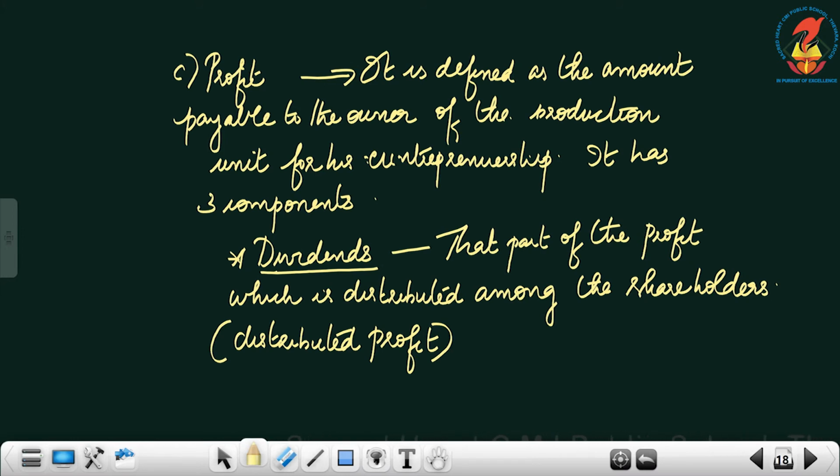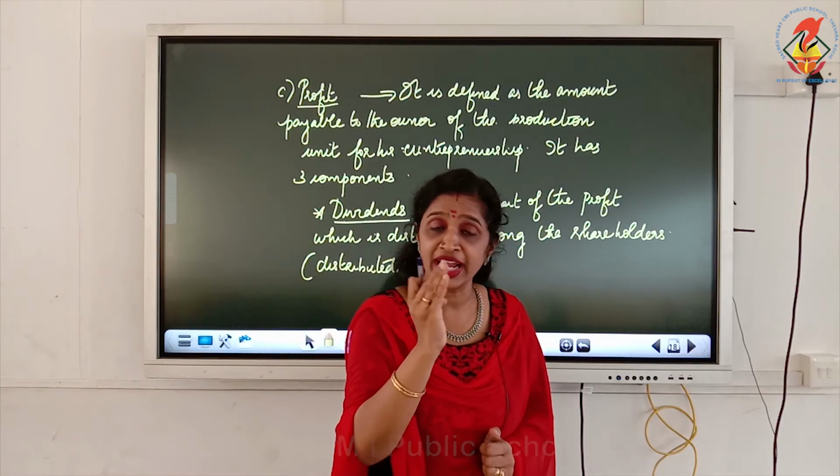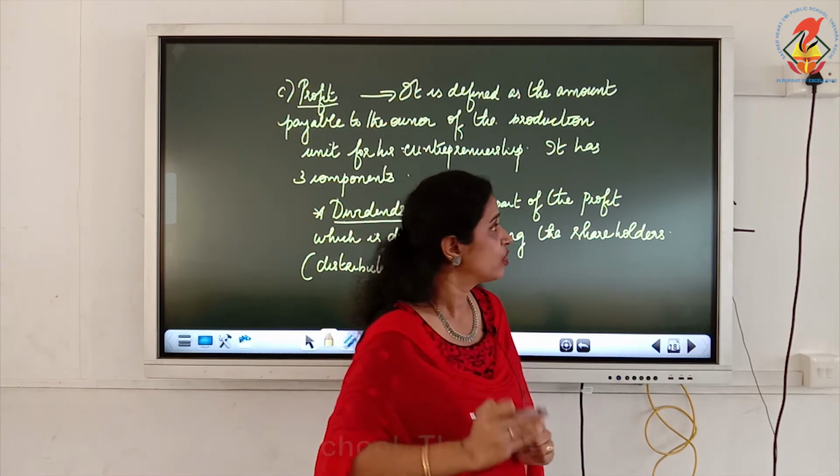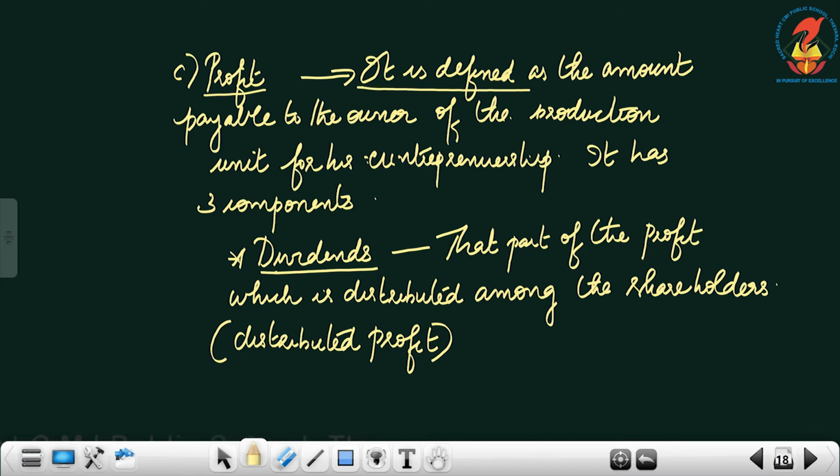Then comes the next one, profit. I told you operating surplus consists of rent and royalty, interest and profit. Profit is defined as the amount payable to the owner of the production unit for the entrepreneurship.